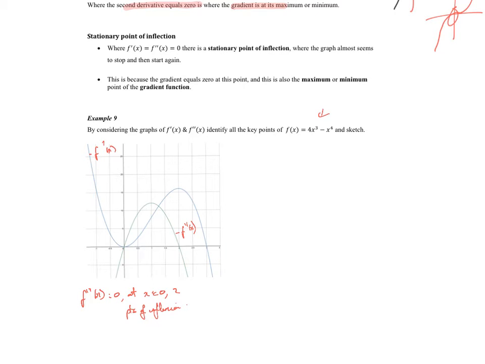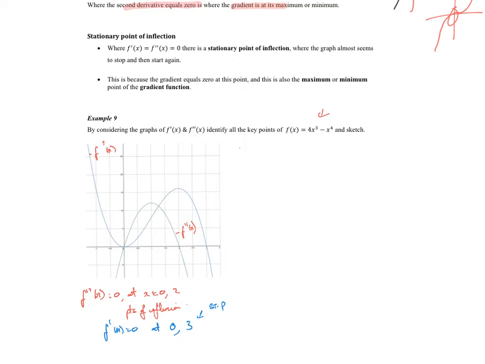If we consider in turn, I probably should color code it, f dashed of x is equal to 0 at 0 and what's that? 3 looks like. So those 2 points are stationary points.